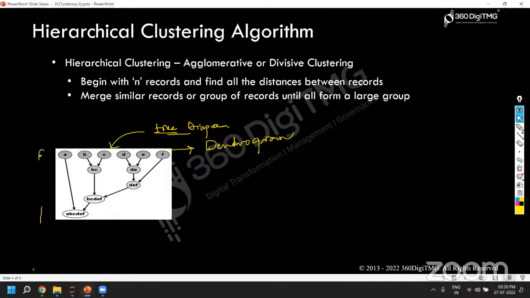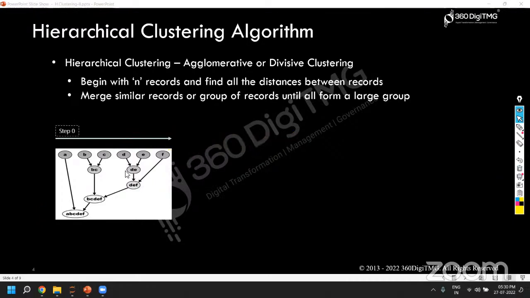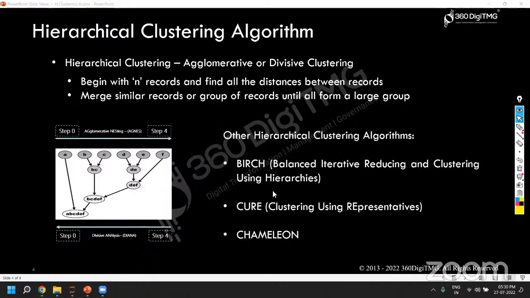Now, once we look at the dendrogram, we will be able to come up with the logic on how the clustering can be implemented, or what records should belong to what cluster and all that. So step 0 to step 4, this is agglomerative. Step 4 to step 0, this is the divisive approach. Agglomerative, divisive. We call it Agnes, and this is Diana. All right, next.